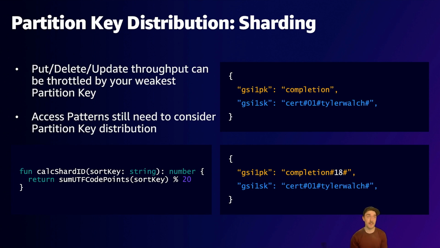I've seen folks that have account ID as the partition key, and that's a GUID. So that's about as high cardinality as you can get, right?